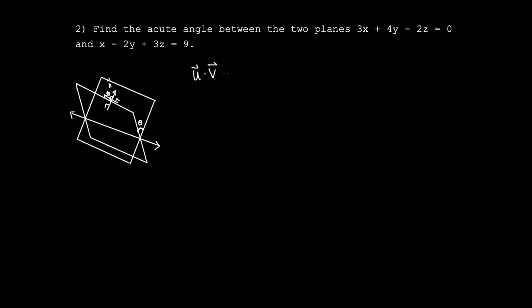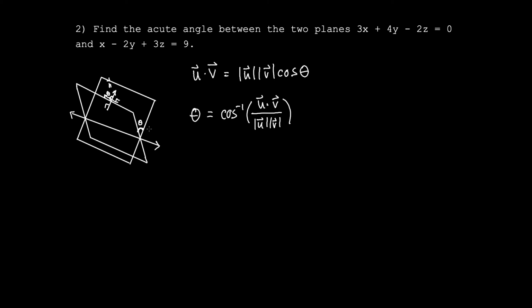If we have two vectors, the angle between two vectors is equal to, well, let me just write this first. So we have the angle is equal to our cosine of u dot v over the magnitude of u times the magnitude of v.